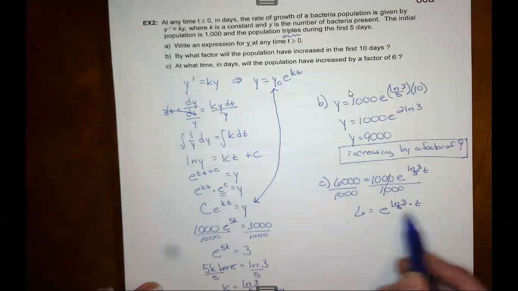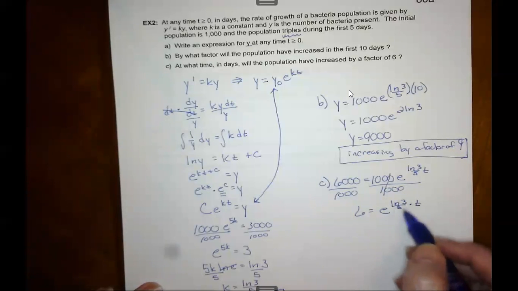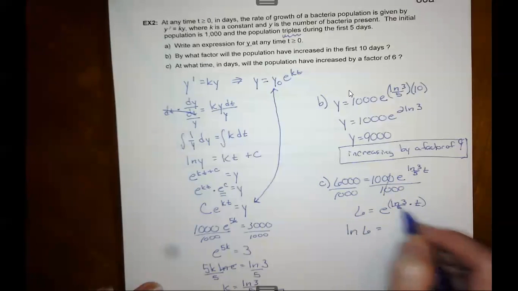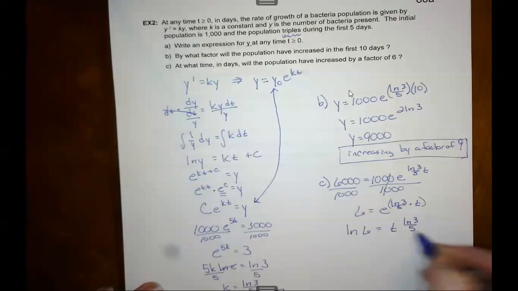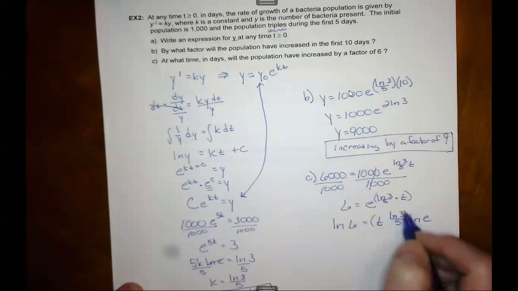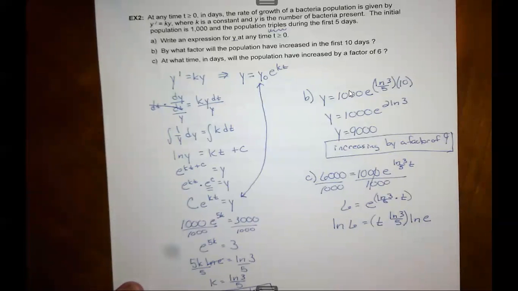This is all exponent, so we can't do anything else except take the log of both sides. So ln of 6 equals, and I'm going to bring the exponent down, so t ln of 3 over 5 times ln of e. So this is my exponent I brought to the front, and then ln of e is 1.